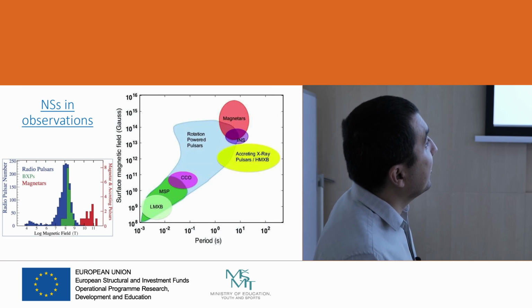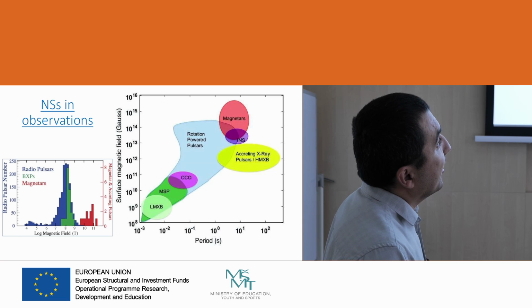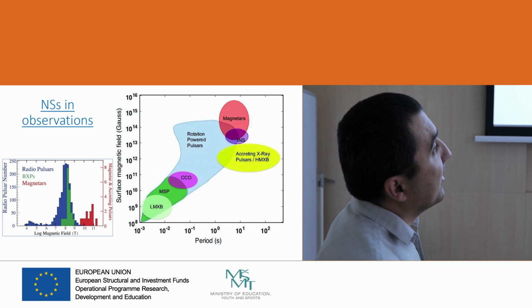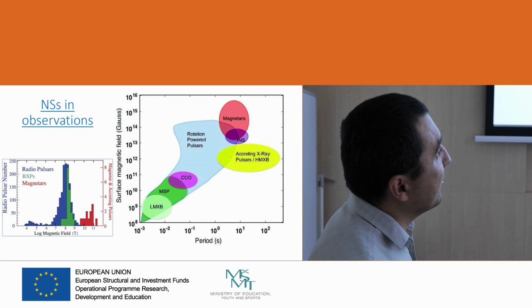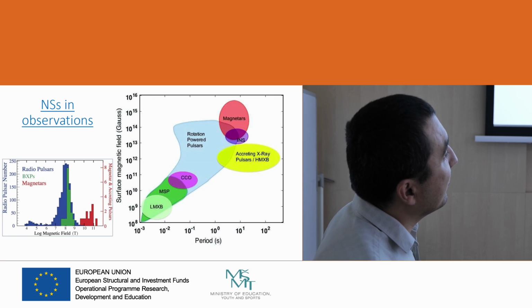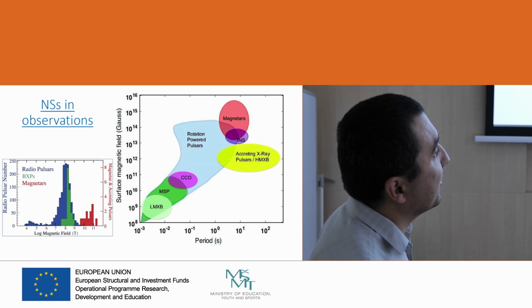Okay, so here is the distribution of pulsars: the magnetars, isolated neutron stars, rotation powered pulsars, compact central objects, millisecond pulsars, and millisecond pulsars in low mass X-ray binaries.